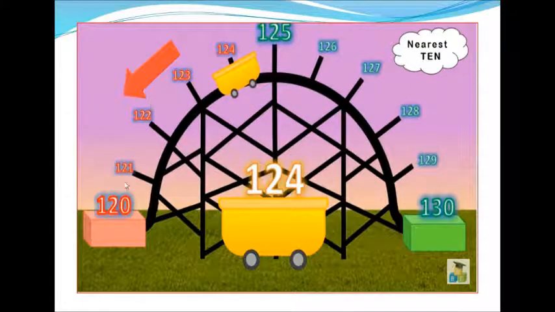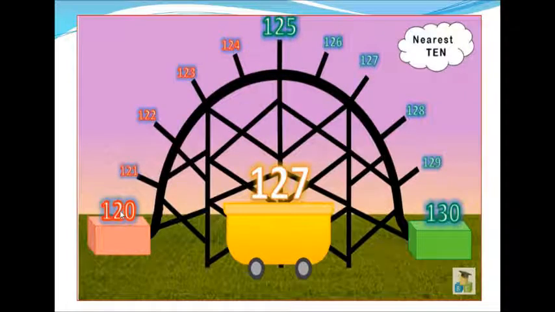It will come down towards 120 and it will not go towards 130 because 120 is near whereas 130 is very far away. So 124, when we round off to the nearest tens place, will always round to 120. Let's take one more example.